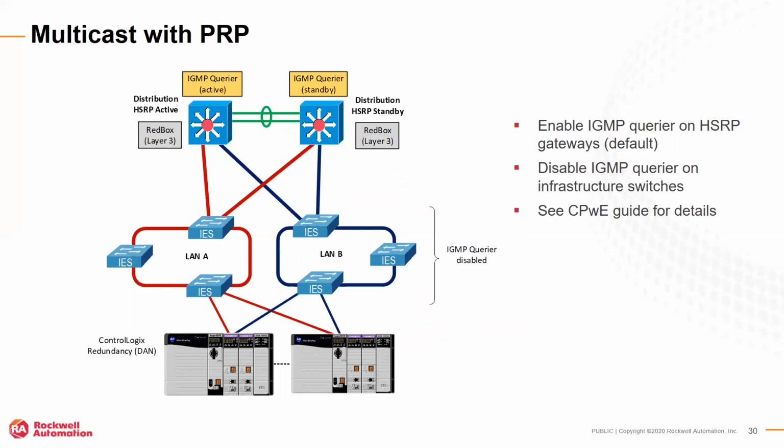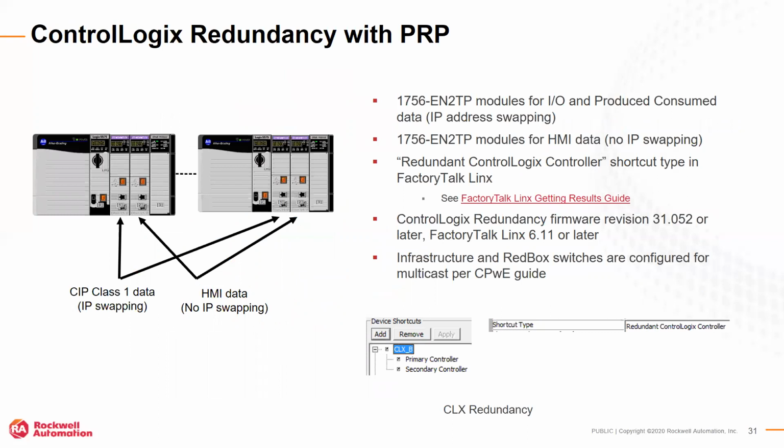The thing to keep in mind is that on a multicast network, the distribution switches need to be the IGMP querier, so on your industrial or infrastructure switches, you just need to turn the IGMP querier off and allow the distribution switches to handle that communication. That's the takeaway here, and it's all covered in the CPWE guide that we referenced at the beginning of this topic.